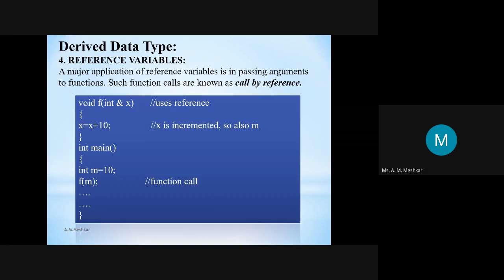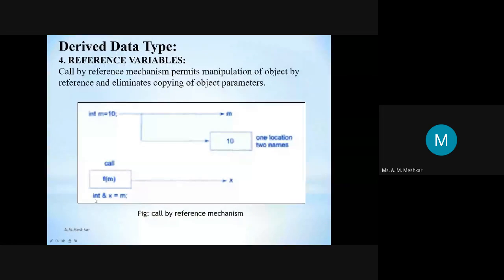Okay, now when you see int ampersand x is equal to m, x and m become aliases of each other, meaning x is now a reference variable to m. This syntax is familiar to you, right?